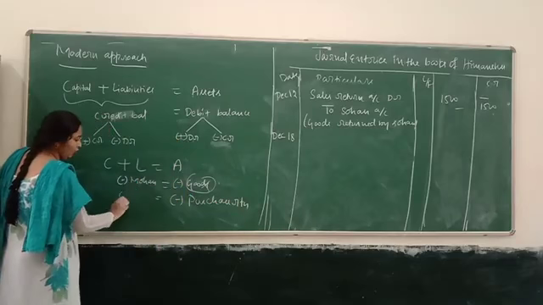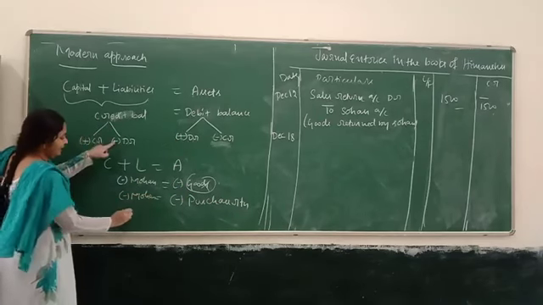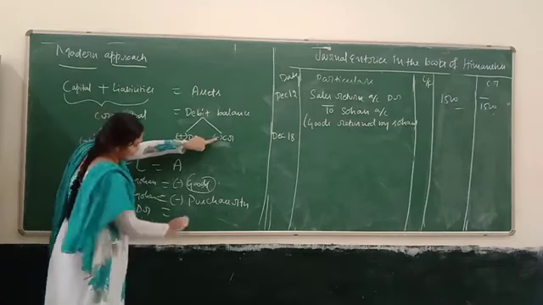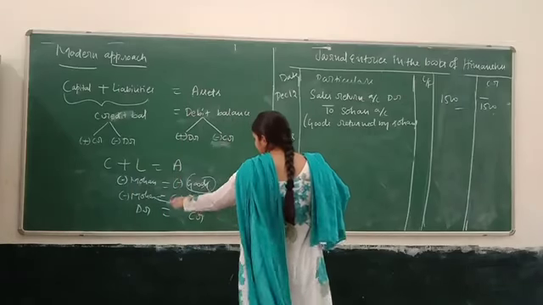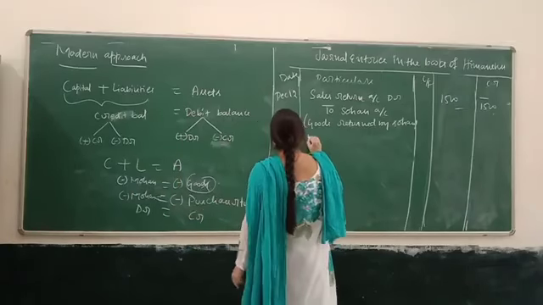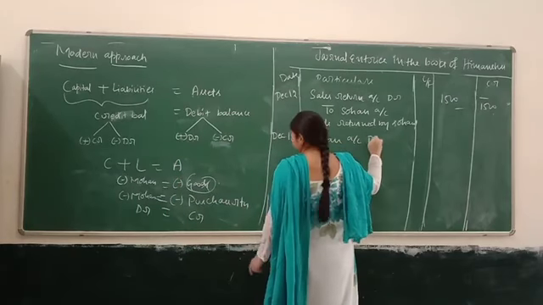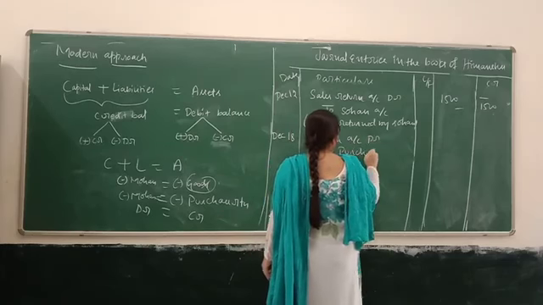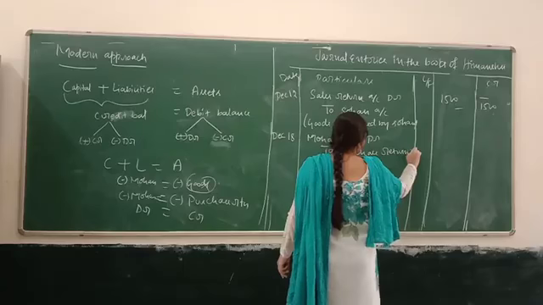So, Mohan, there is a decline in my liability. Decline in liability should be debited and decline in asset should be credited. So, Mohan account debit to purchase return account.